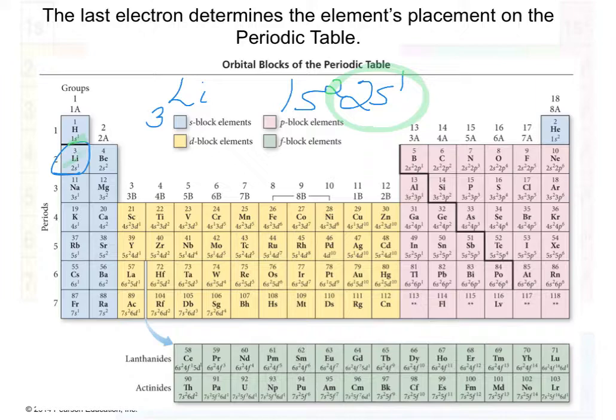So it's right here, here's lithium, but I want you to look at the ending electron configuration for all of the elements in the same column or same family as lithium. Notice how they all end in s1. So this group 1A, we often refer to it as the s1 group.